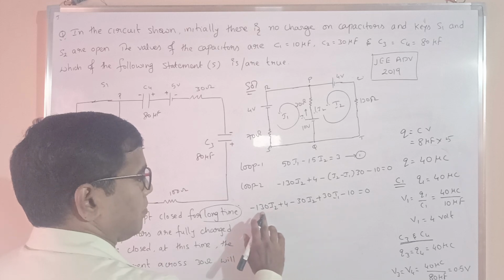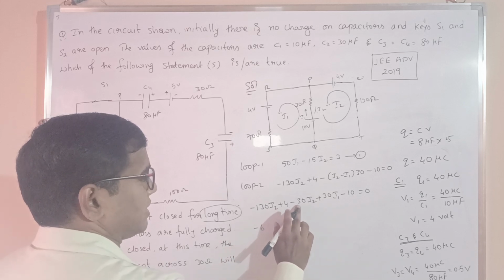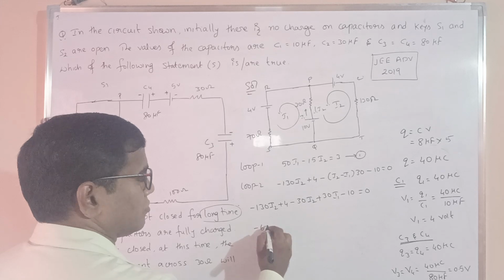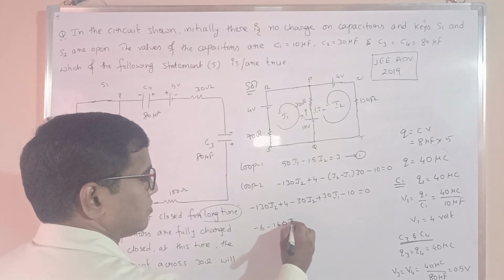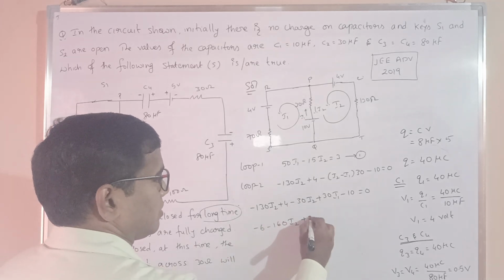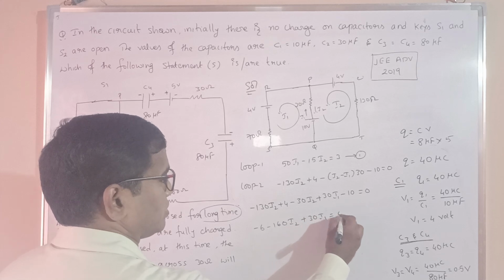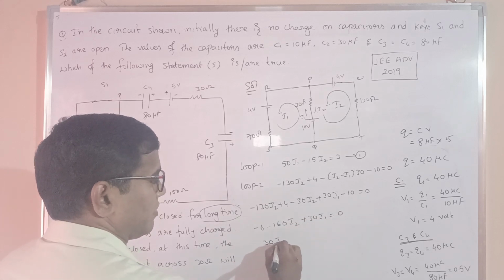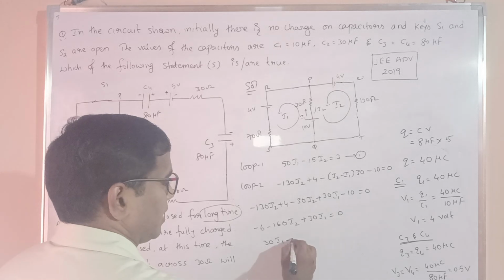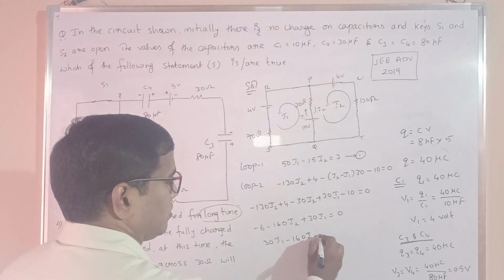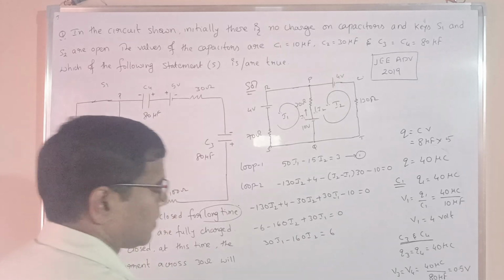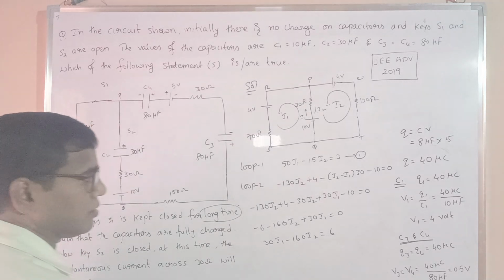And again, minus 30 I2 minus 130 I2, so minus 160 I2 plus 30 I1 is equal to 0. 30 I1 minus 160 I2 is equal to 6. So here also we can take 2 as common.